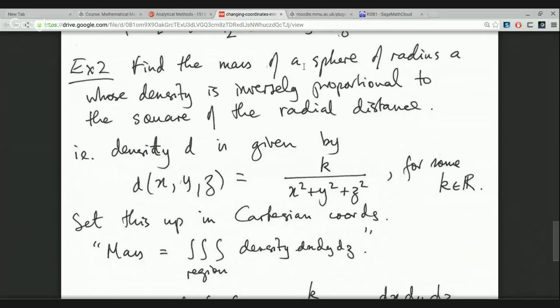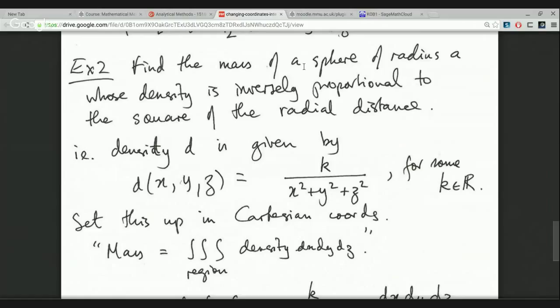So the density of the material depends on the square of the distance from that location in the sphere back to the center. So we'll think of the sphere centered at the origin. And the density is k over the radius squared. So the radius squared is x squared plus y squared plus z squared.